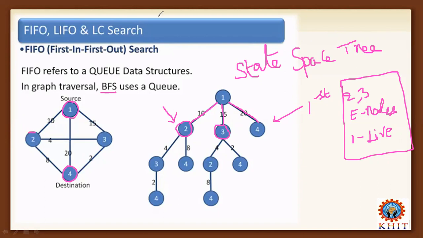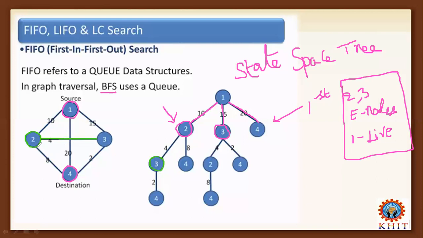One possibility is node 2 to node 3, with a cost of 4.